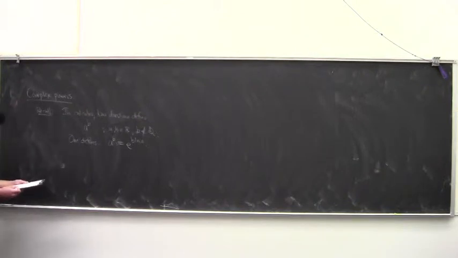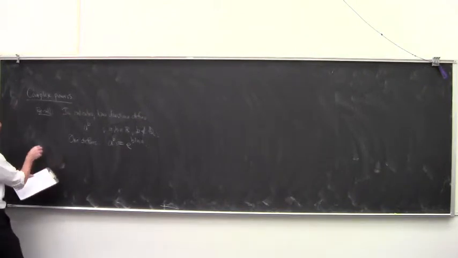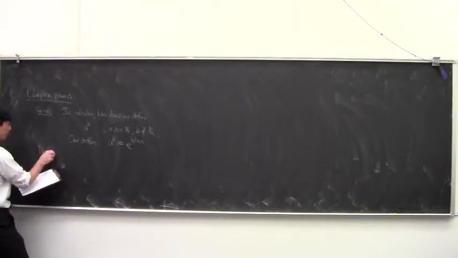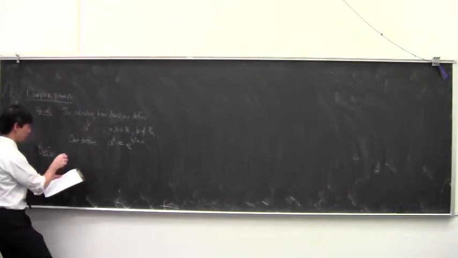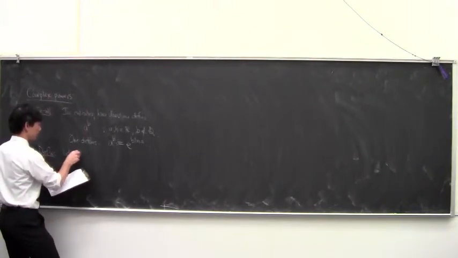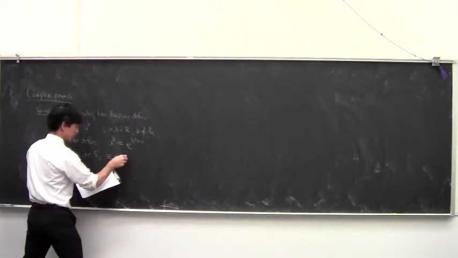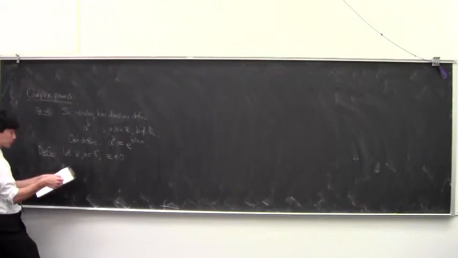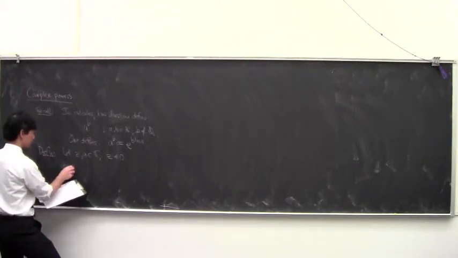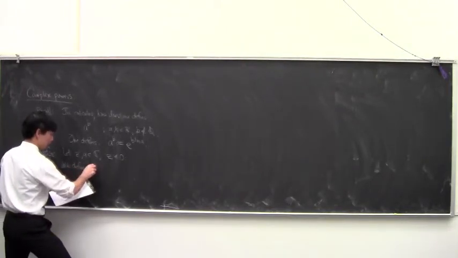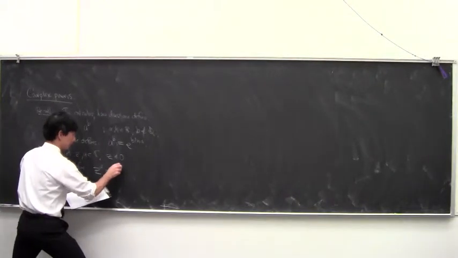So we do exactly the same thing for complex numbers. For complex numbers, let z and a be complex numbers and z be non-zero. We define z to the a as e to the a log z.